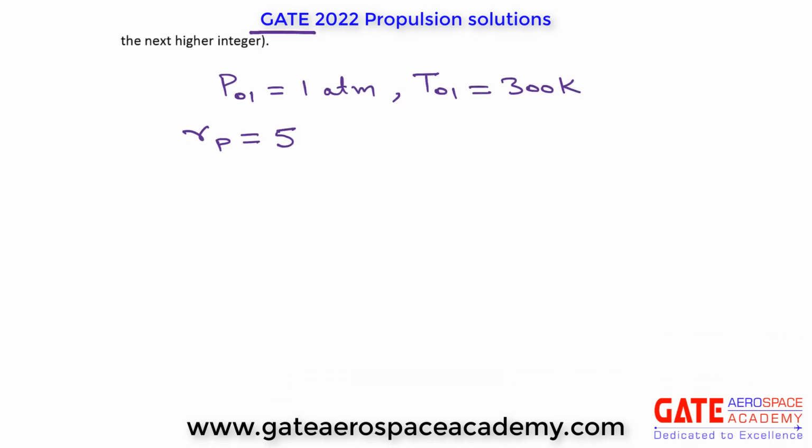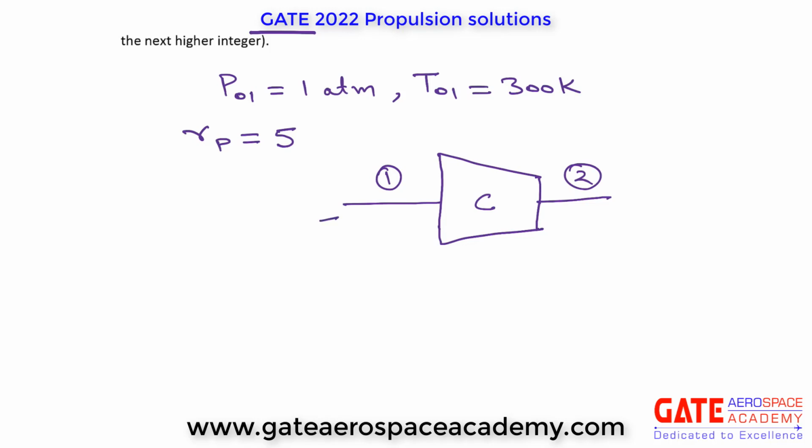So let's find out increase in temperature through whole compressor. One, two, this side T01, P01, this side T02, P02.